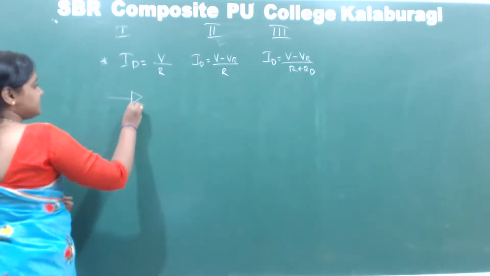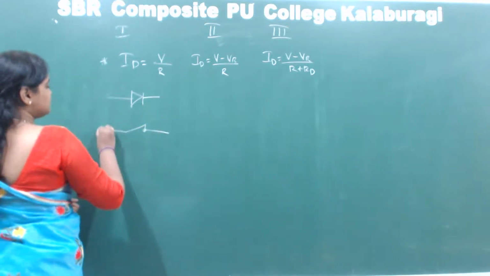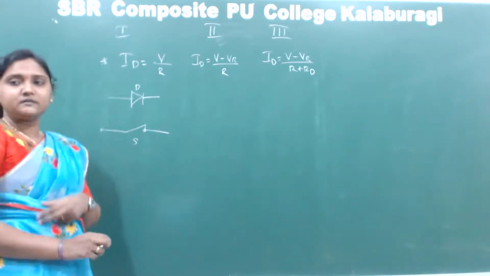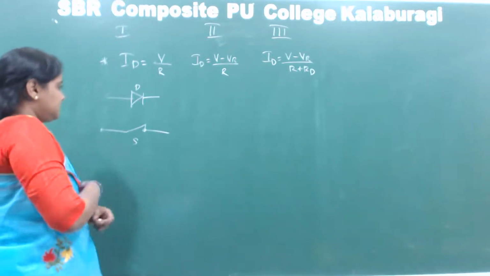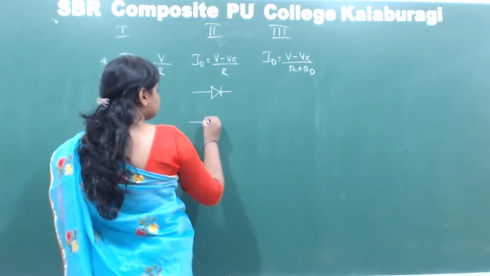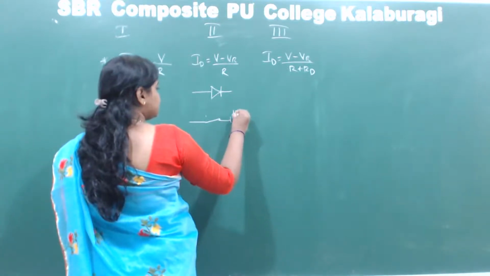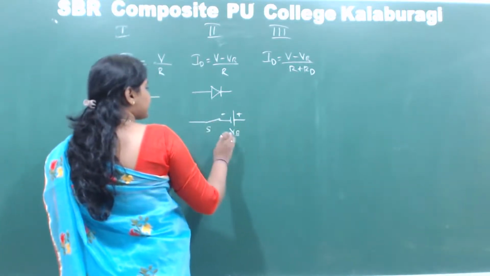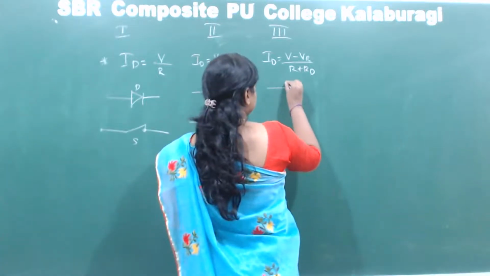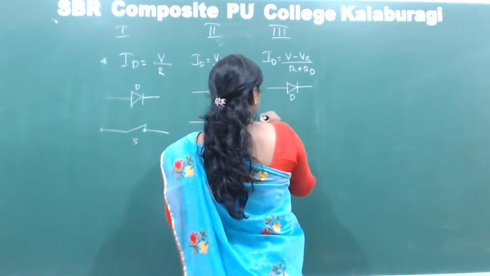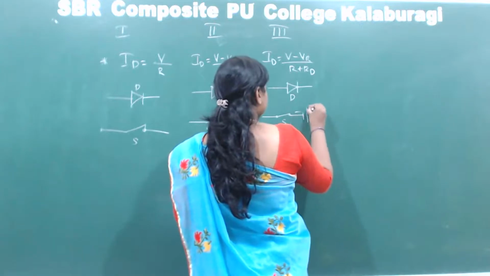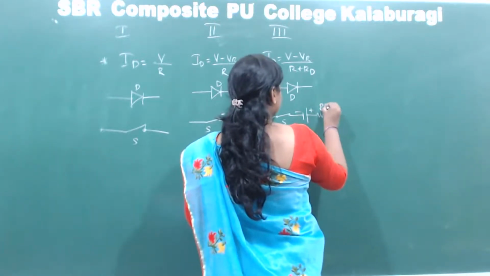So in the first approximation, the diode is replaced by just one switch. One closed switch for forward bias and open switch for reverse bias. Clear? Whereas in the second approximation, switch plus barrier potential. And in the third, switch, barrier potential and resistance, the diode resistance RD.